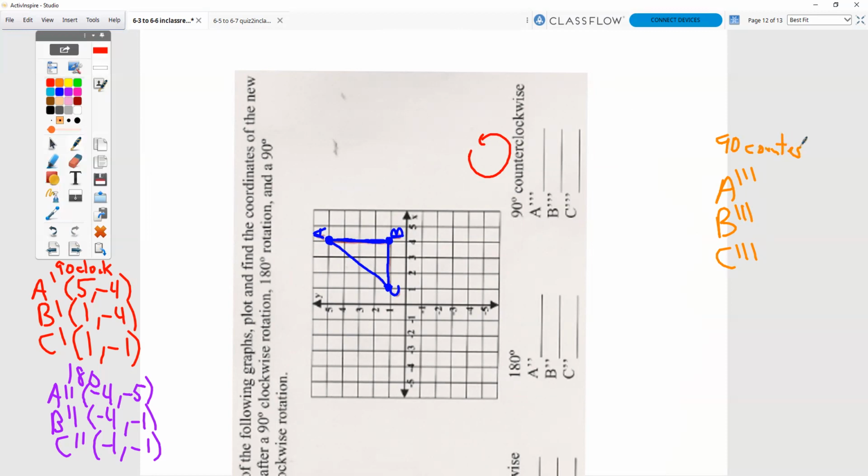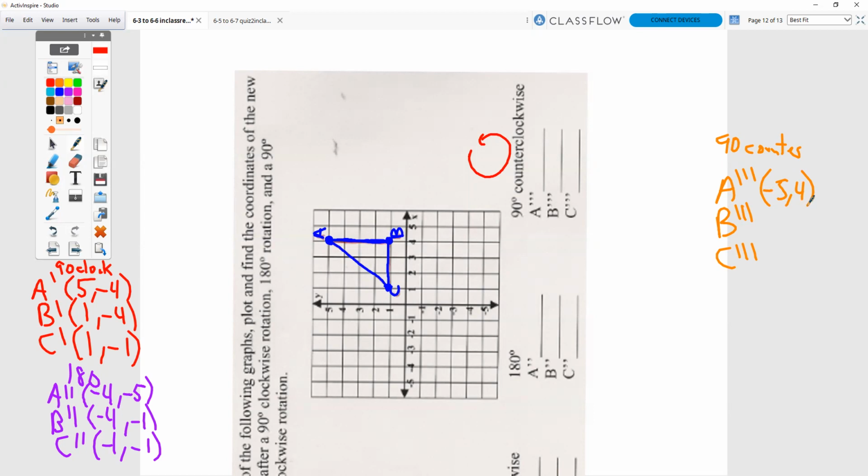counterclockwise. So again, when we take a look at the dots, A looks like it's over to 5 up to 4. It's not over to 5 up to 4. Anytime you go over to the left is negative. So over to -5 up to +4. B triple prime looks like over to 1 and up to 4.